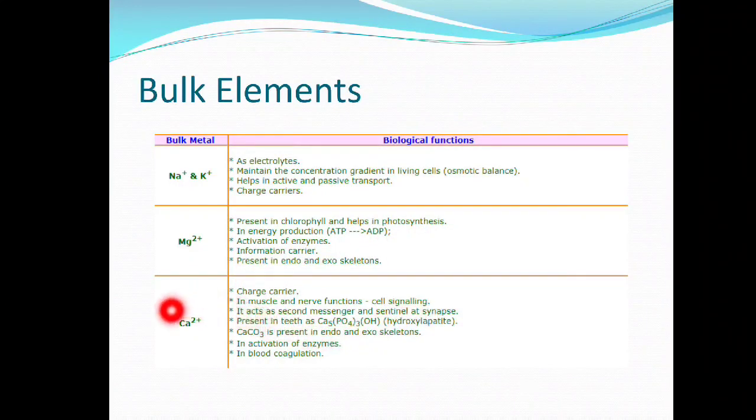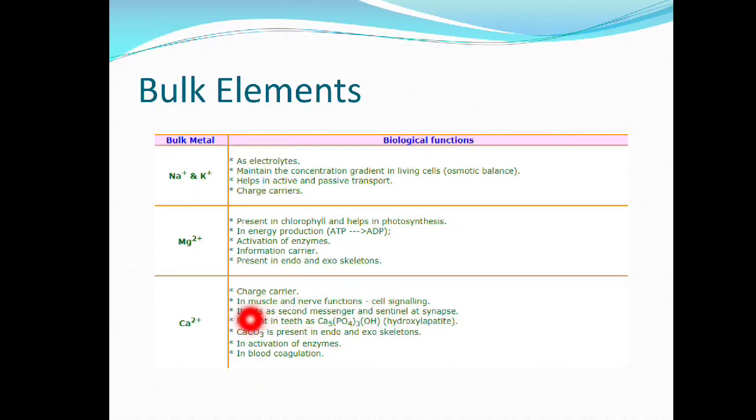The next important one is calcium. Calcium is very familiar, and it is a charge carrier. In muscles and nervous functions, it is involved in cell signaling, and it acts as a second messenger and sentinel at the synapse. It is present in teeth as calcium phosphate, that is hydroxyapatite.